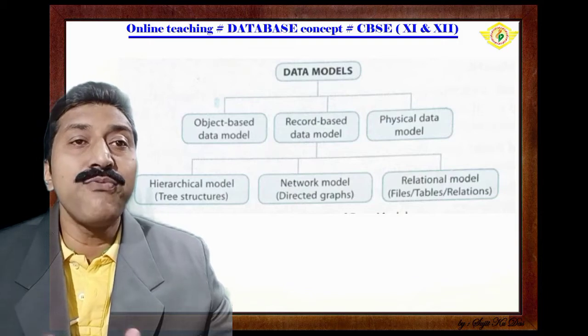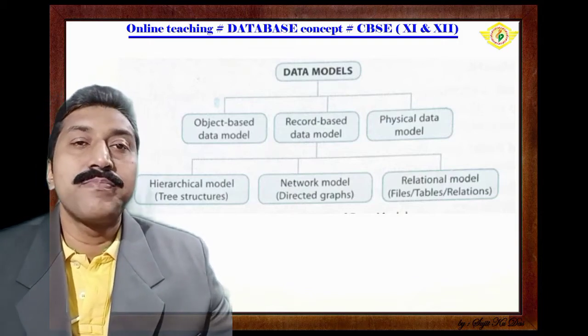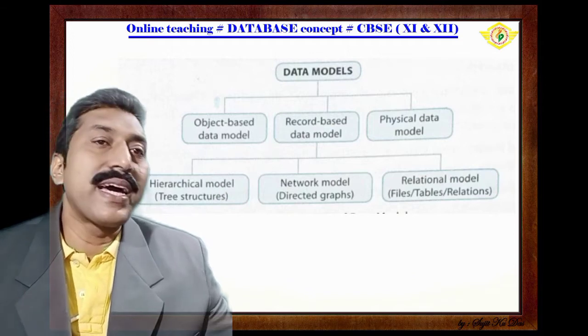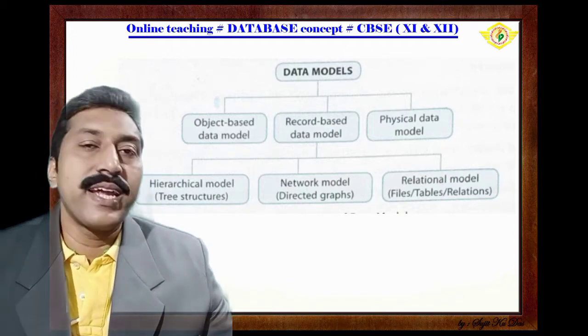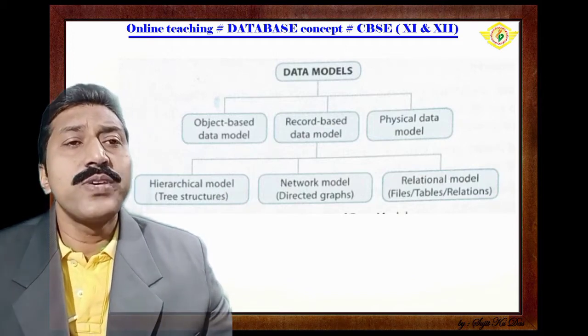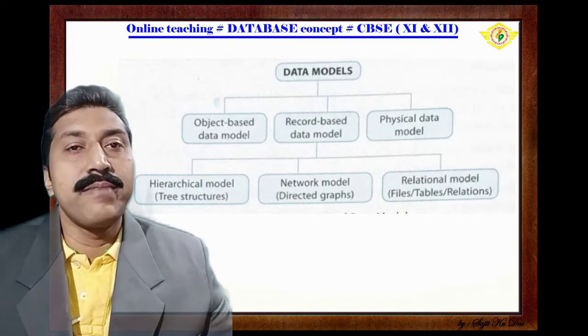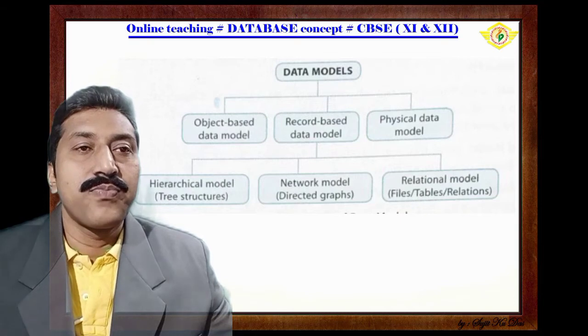In case of any fault or error, these pointers may result in inconsistency among the records and lead to reduced data integrity. So in this model, data is organized in two-dimensional tables called relations.